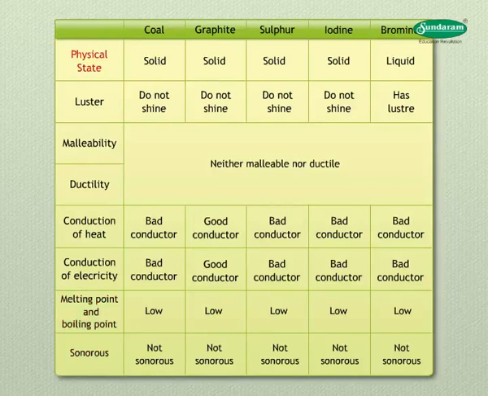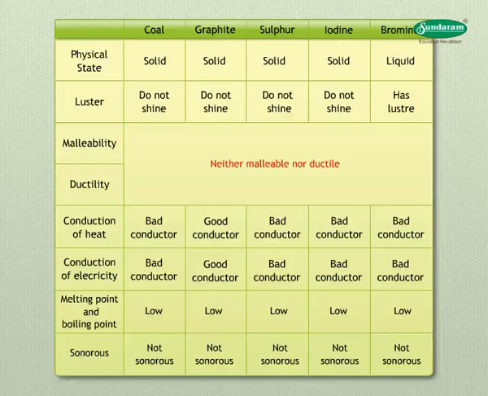Physical state. Coal, graphite, sulfur, iodine are solid and bromine is in liquid state. Luster. Coal, graphite, sulfur, iodine don't shine. Only bromine has luster.